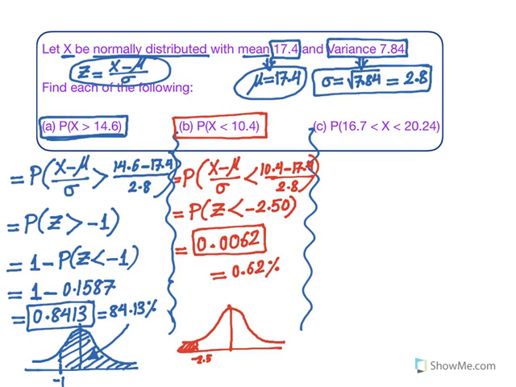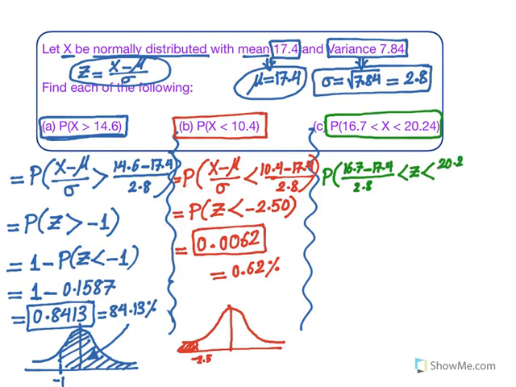Okay, and the last one, we want the probability that our random variable is between two values. So again, we change to the z-score. So this will be the probability 16.7 minus the mean 17.4 over the standard deviation 2.8 is less than z, which is x minus mu over sigma, which is less than 20.24 minus the mean 17.4 over 2.8.